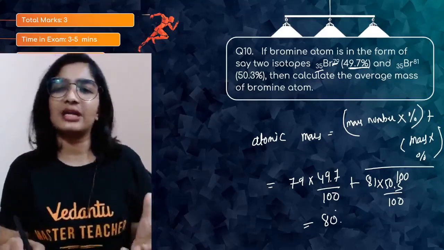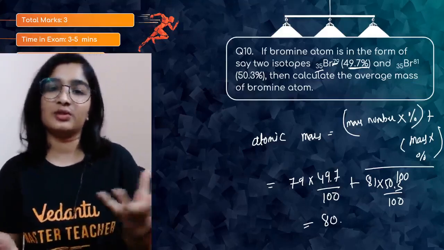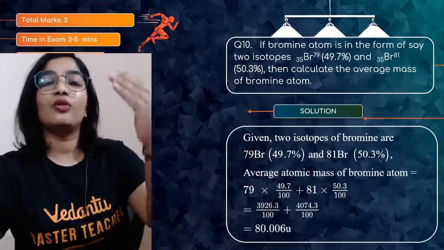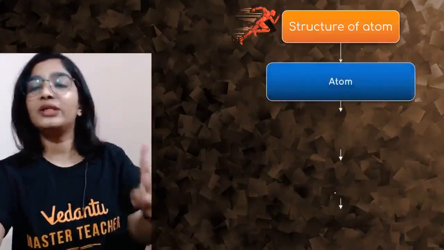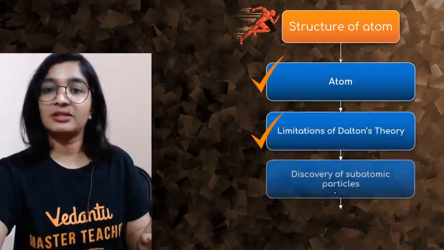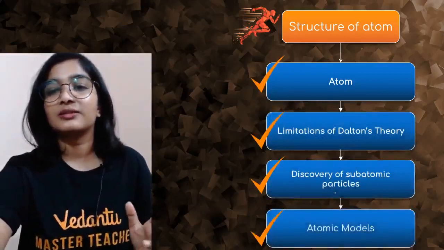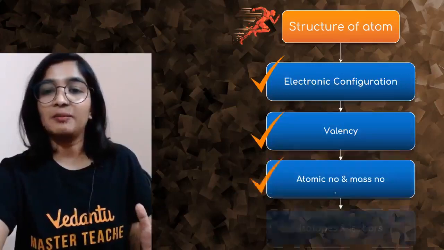You can take 100 as the common denominator and solve it so that it will be easy for you. But as this is for 3 marks, I want you to follow all the steps and then answer. So with this we are done. We have covered all these important topics: atom, limitations of Dalton's atomic theory, discovery of subatomic particles, atomic models, electronic configuration, valency, atomic number and mass number.